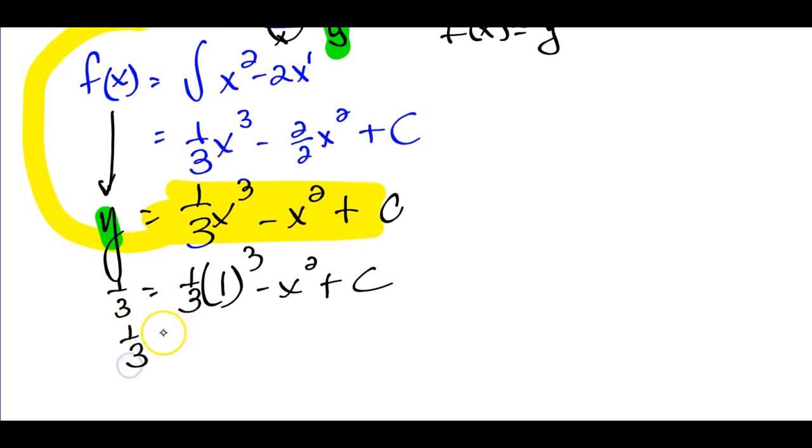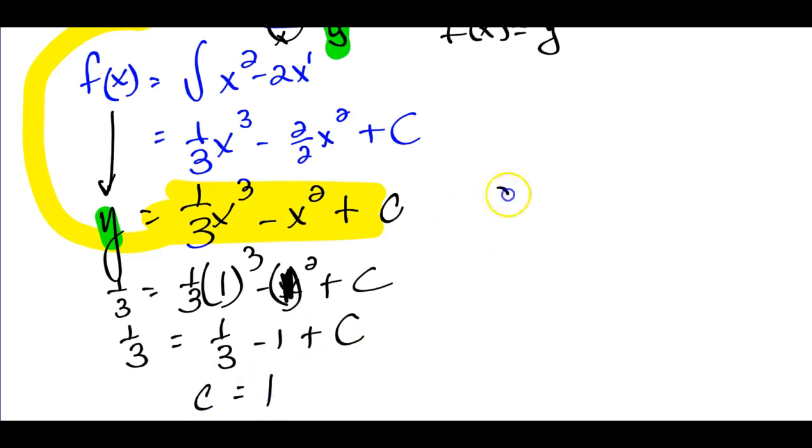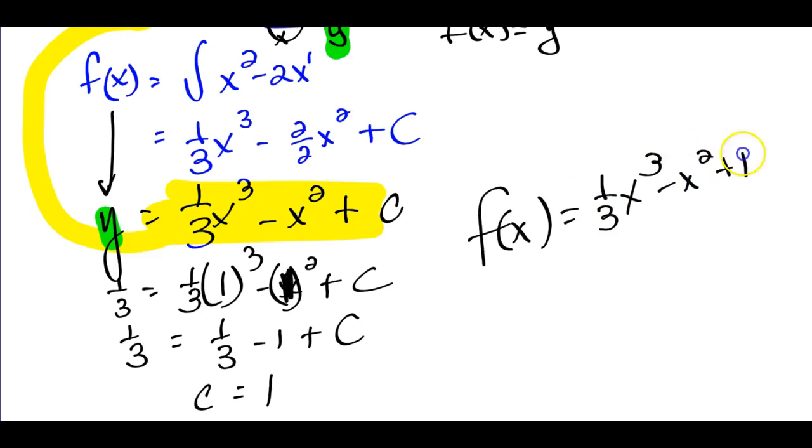So 1/3 equals 1/3 minus 1. This is a 1. I'm letting every x be 1 plus c, and I get c equals 1. So then I could write the final equation. The function is 1/3 x cubed minus x squared plus 1.